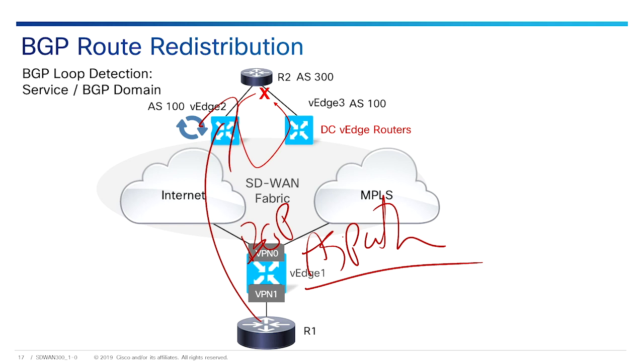So when BGP updates traffic through various ASs, eBGP routers prepend their AS to the AS path attribute. So BGP routers are going to again use this information to check through which ASs certain updates pass. If an eBGP speaking router detects its own AS in its AS path attribute update, the router ignores the update and does not advertise it further to iBGP neighbors because it's a routing loop. This is built into BGP.